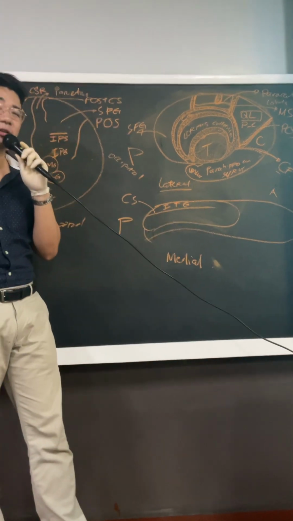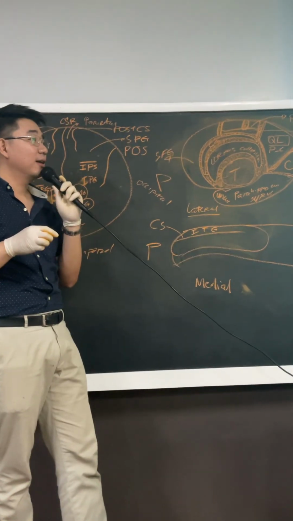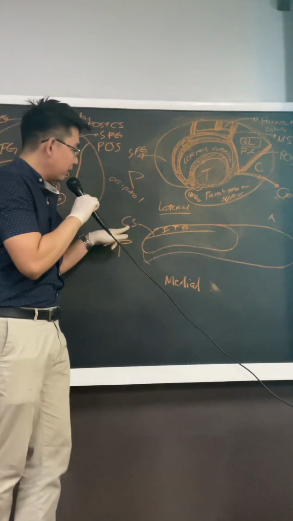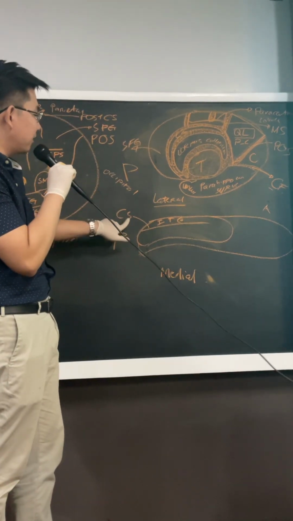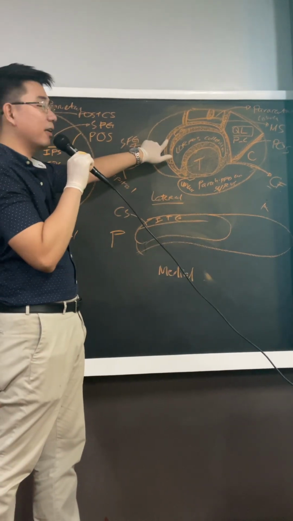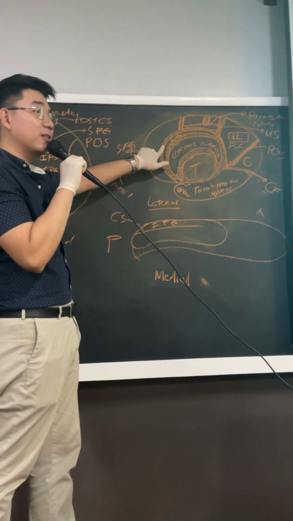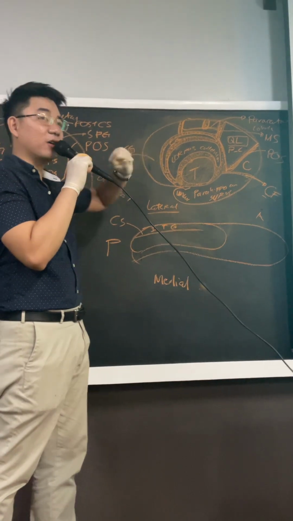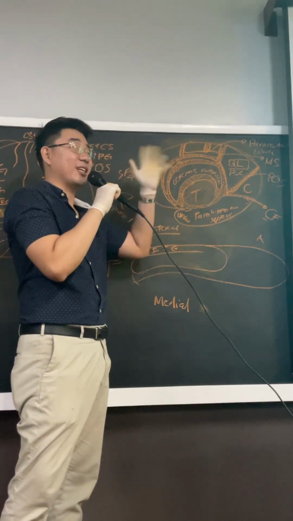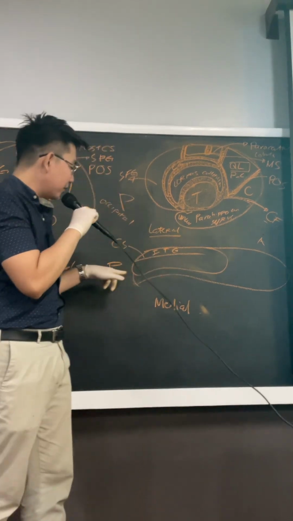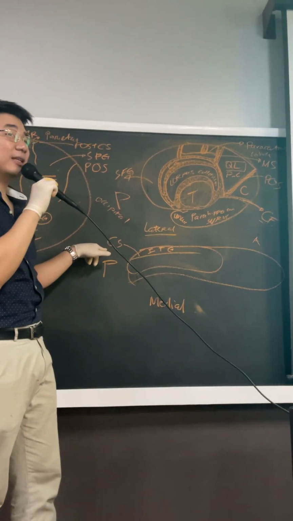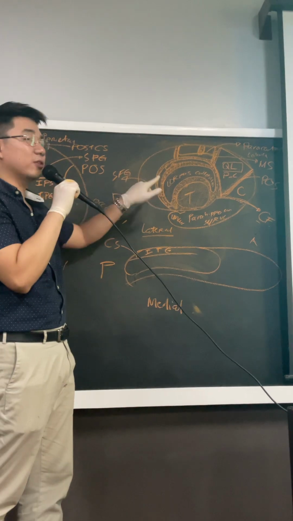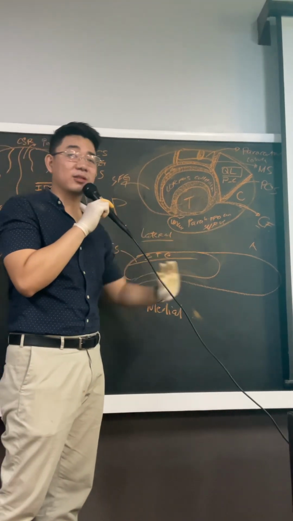Now, the collateral sulcus is different from the cingulate sulcus, because a lot of people interchange them. Collateral sulcus is located in the basal area, while the cingulate sulcus is located in the median surface.